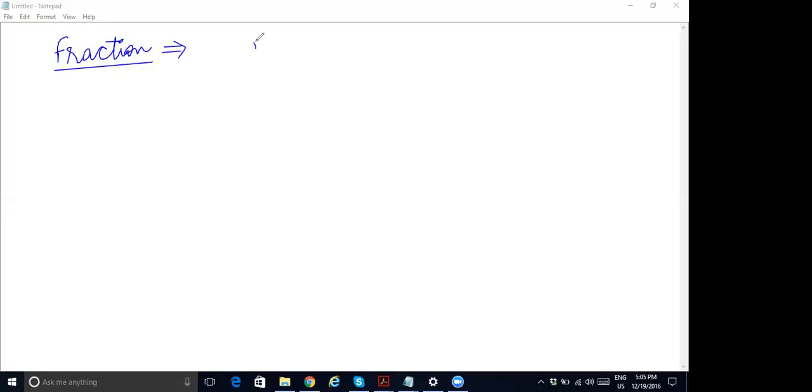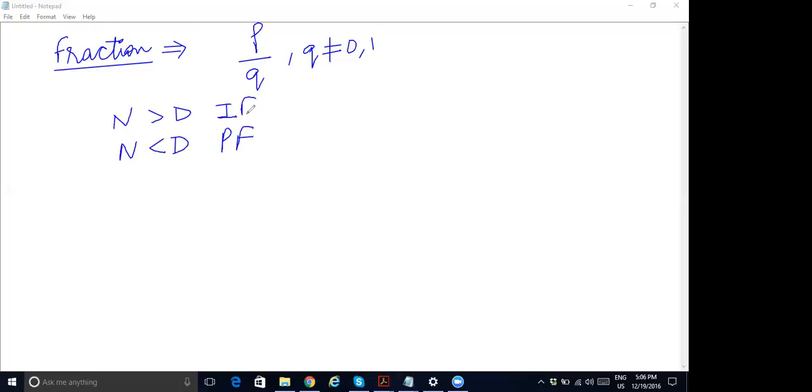Anything that can be written in the form of p by q, where q is not equal to 0, is a fraction. The moment we put q is equal to 1, this becomes an integer value. So p by q represents a fraction. This can be part over whole, whole over part, anything. So the numerator can be greater than the denominator or less than the denominator. Both will represent a fraction. This is a proper fraction, this will be an improper fraction.